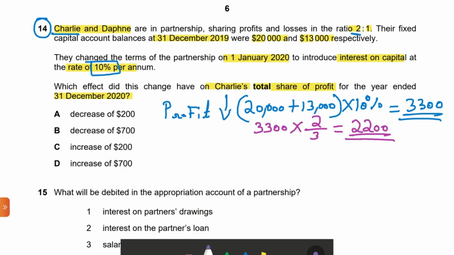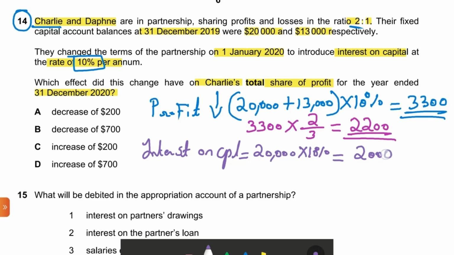At the same time, Charlie gets some amount, right? Interest on capital. Charlie will get his interest on capital, which is 20,000 into 10%, so he gets 2,000 as interest on capital. So what is the total effect on his profit?